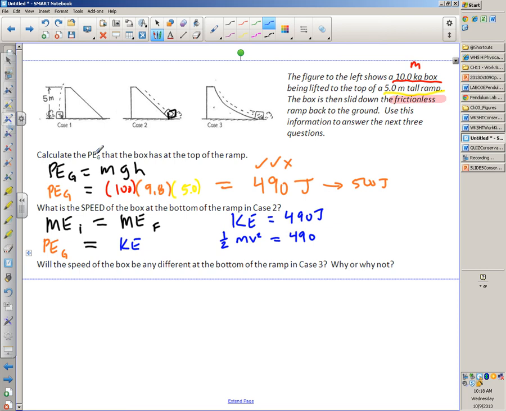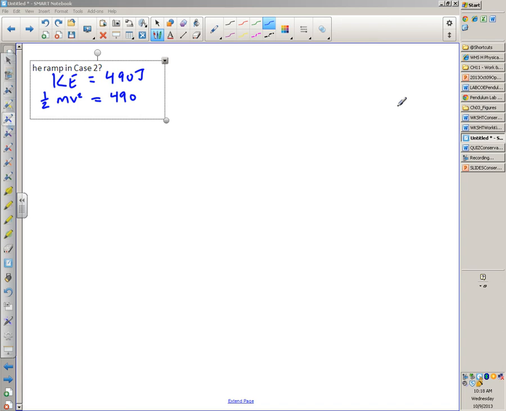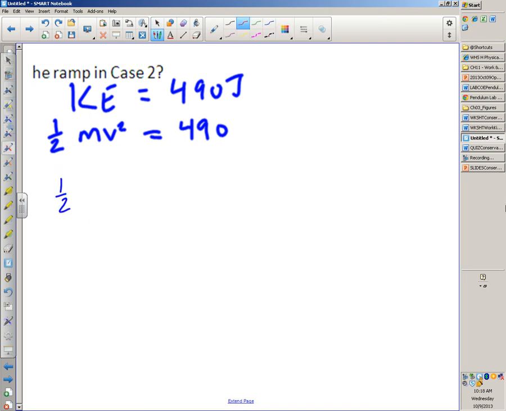Okay, so I'm going to take this and just put it on a separate page, because I know that some of you whiz through the math and some of you don't. So, it told us before that the mass was 10 kilograms. So I'm going to plug 10 kilograms in here. V is still unknown, and that all has to equal 490.